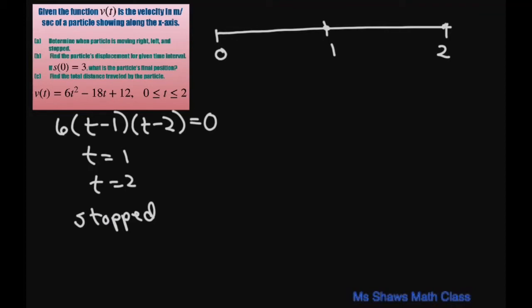All right, now it's going to move right when our velocity of t is positive. So let's look at our line graph. If you substitute in a value in here, say 1/2, and see if it's positive.